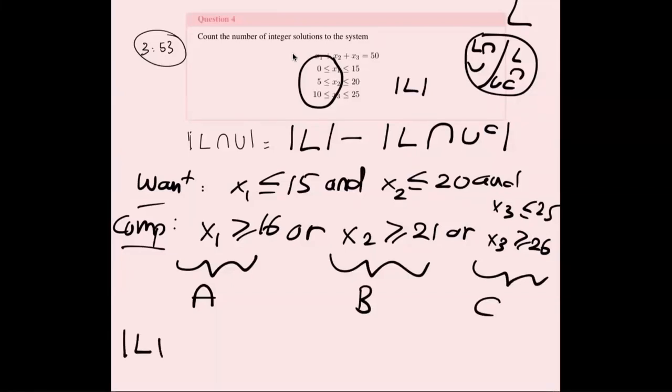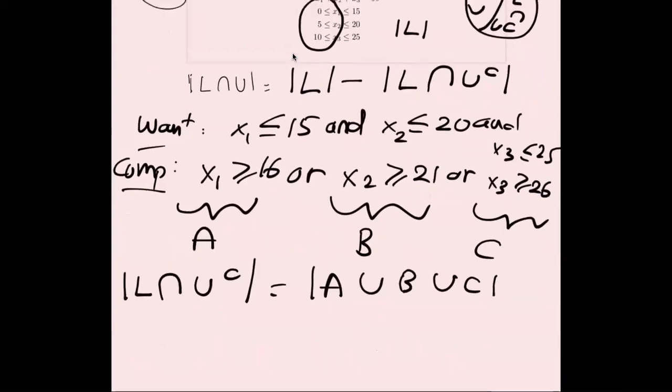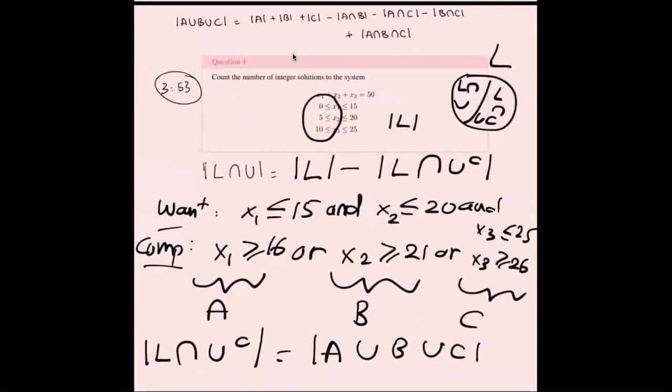Then the cardinality of those that satisfy lower bound and not satisfied upper bound will be cardinality of A union B union C. Because if it satisfies A or B or C, we have to make sure that it also satisfies the lower bound. And here you can use the formula given.